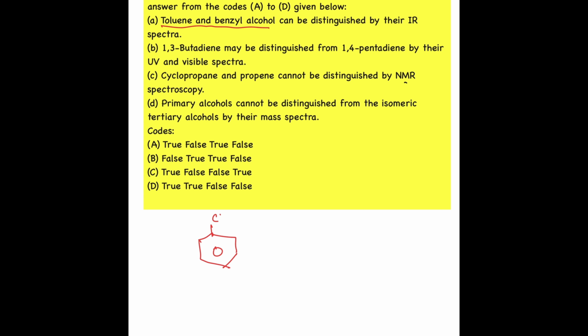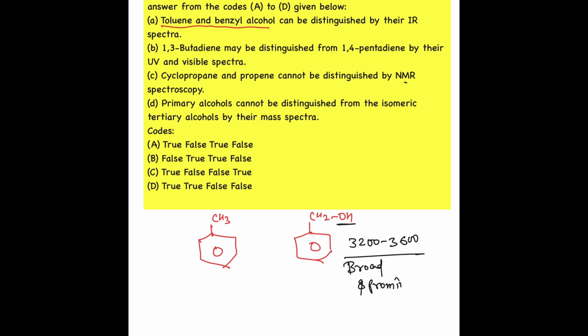That is the structure of toluene, and that is the structure of benzyl alcohol. What you see is that in benzyl alcohol there is a prominent OH peak around 3200 to 3600, a broad and prominent peak, due to hydrogen bonding.